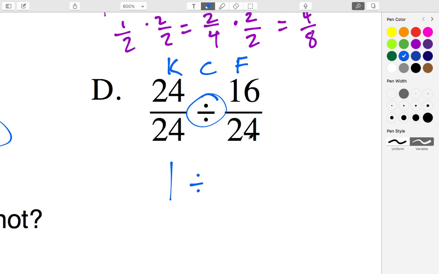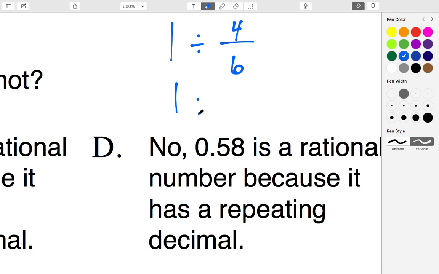What number goes into 16 and 24? 4. So I'm going to divide by 4 here. 4 goes into 16 how many times? 4, and then what's on the bottom? 6. So there's a bigger number, right? We could also divide by 4 again.